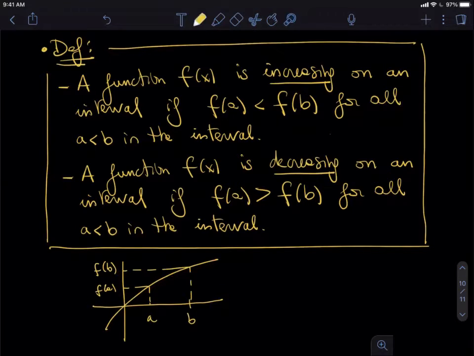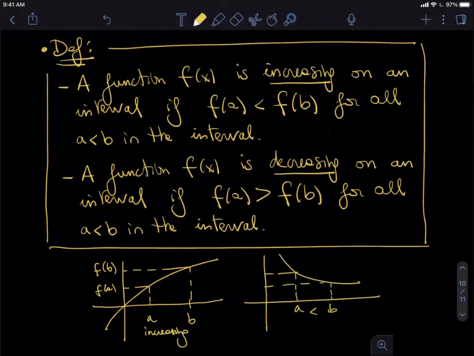On the other hand, a function is decreasing, so this one is increasing. A function is decreasing, that means that if I have a and b, a less than b, the value of f at a will be larger than the value of f at b.